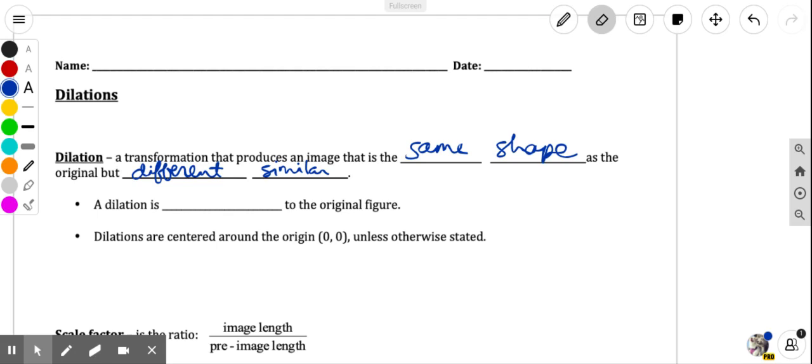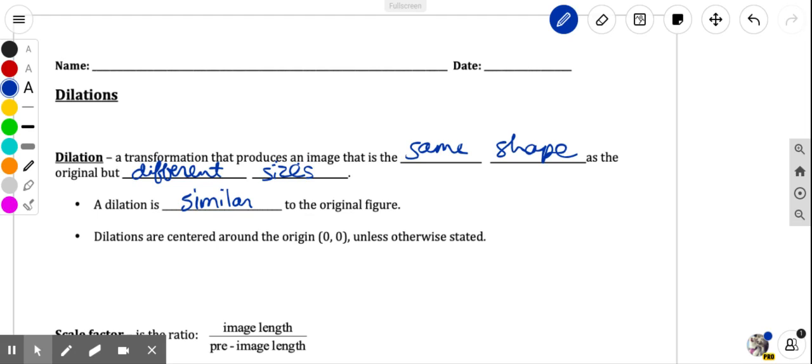Oops, I didn't mean to write different similar. My bad. This is why I can't talk and write at the same time. As the original, but different sizes. There we go. Okay, so a dilation is similar to the original figure. So anytime you have a dilation, your pre-image and your image will always be similar.